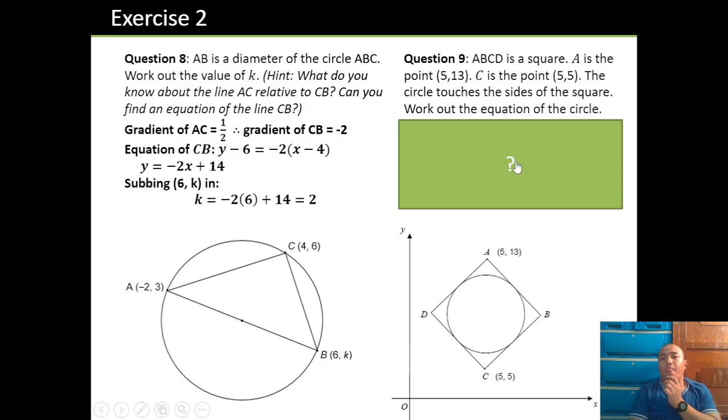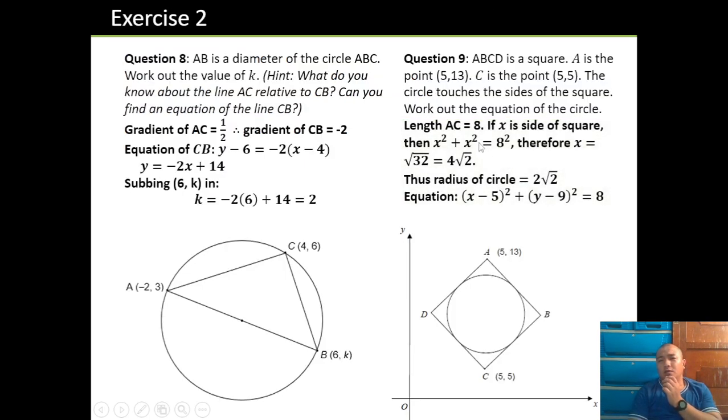Next, ABCD is a square. A is the point (5, 13). C is the point (5, 5). The circle touches the sides of the square. Work out the equation of the circle. So the length of AC is 8, by distance formula. Now, if x is the side of the square, then x² + x² = 8².